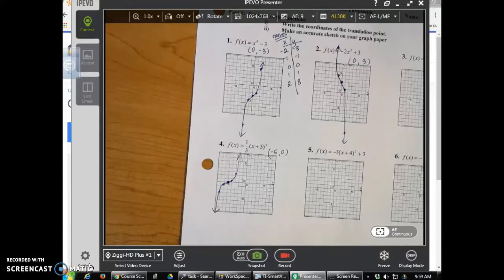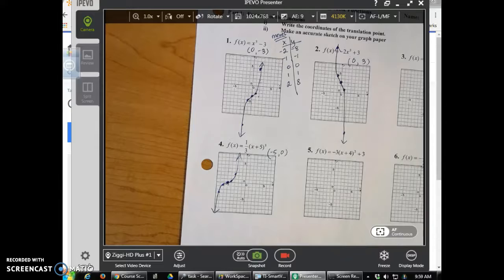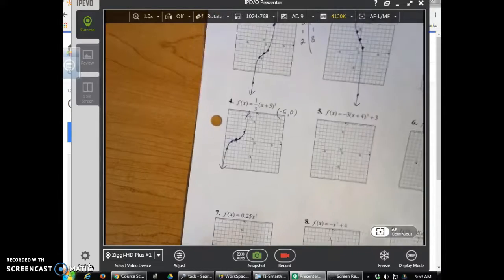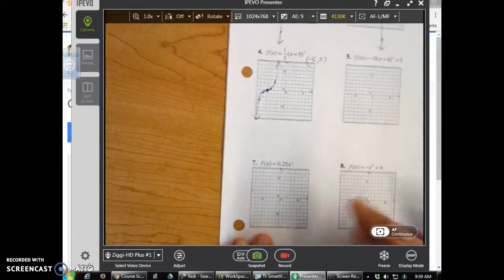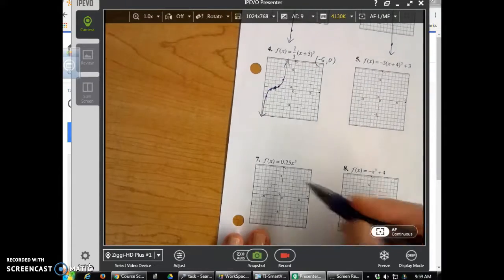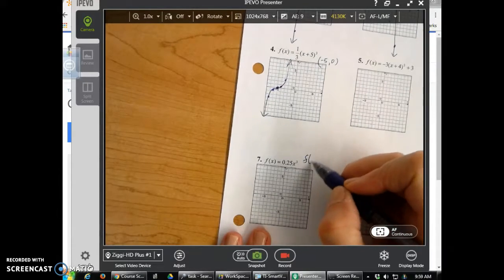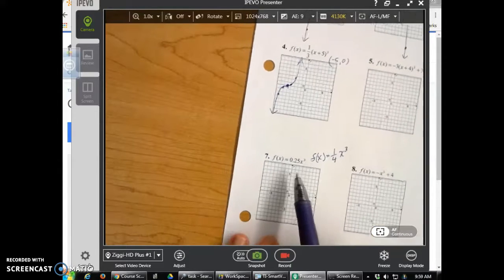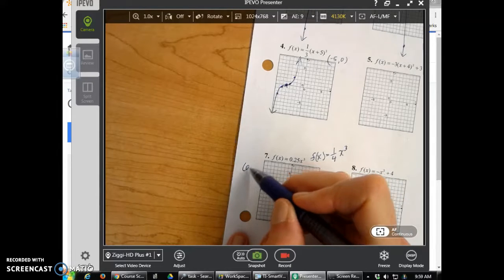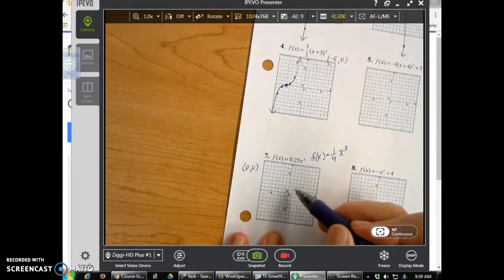And let's do number 7. I think I did that one in class with everybody. So 0.25x cubed is really just 1/4. So just think of this as f of x is 1/4 of x cubed. So this is not translated at all. It starts at 0, 0.